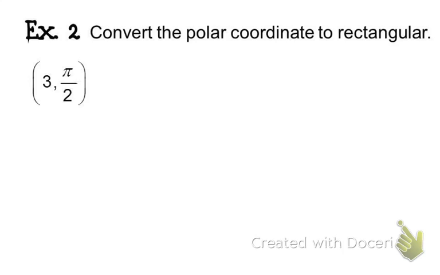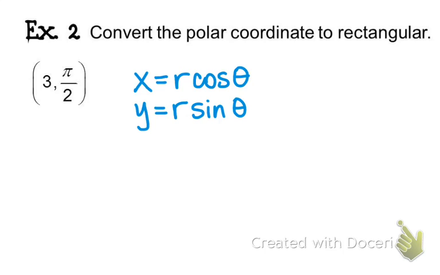Okay, so on number 2, we're just going to convert this one from a polar coordinate to a rectangular. So we're going to use the two equations, x equals r cosine theta and y equals r sine theta. So x is going to equal 3 cosine pi over 2. When I type this into my calculator, I need to be in radian mode, and we're going to get 0.